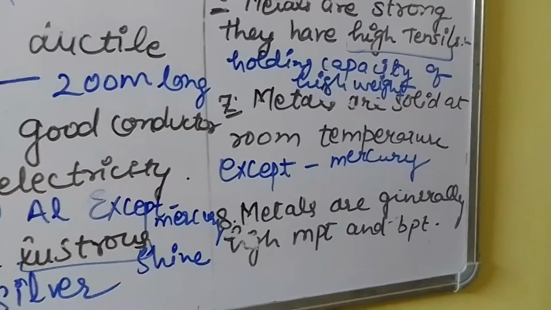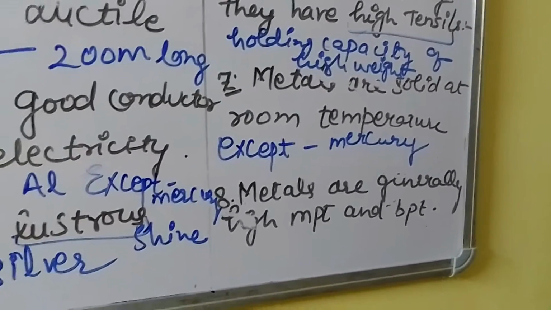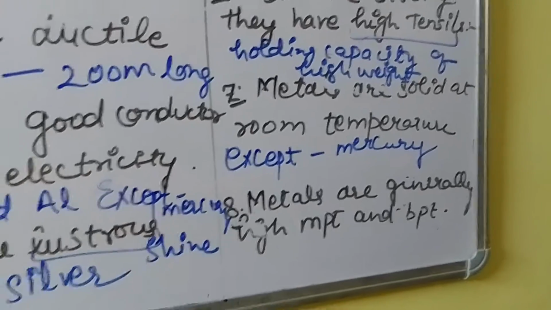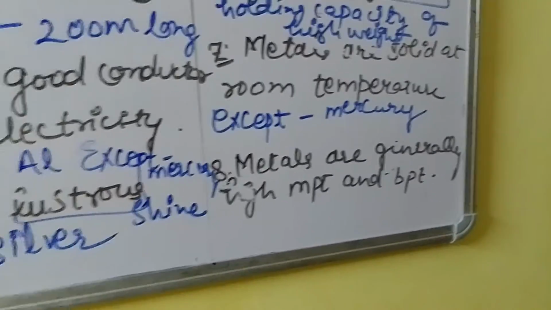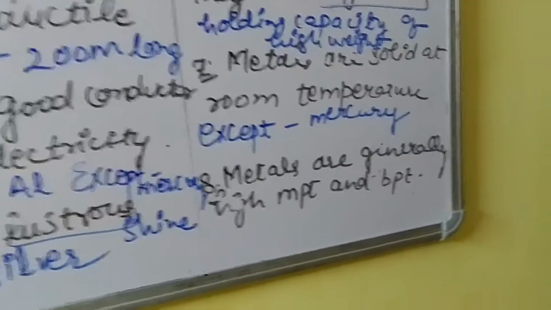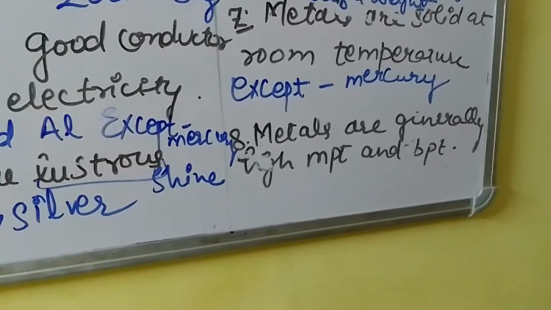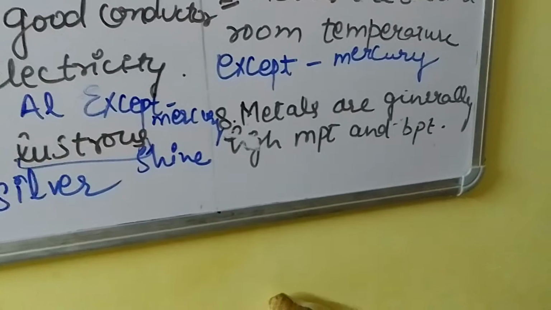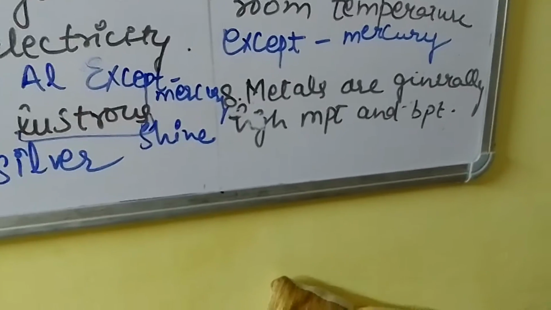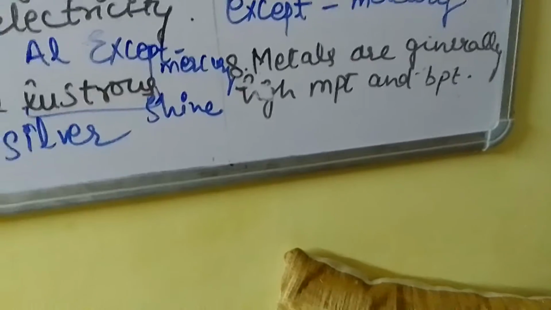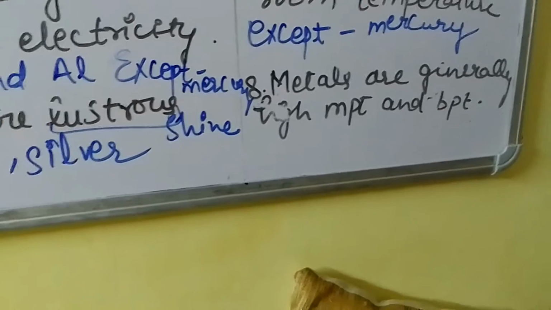Another property: metals generally have a high melting point and boiling point, right? Because they are solid, they need a high temperature to melt and boil. But there is also an exception, which is sodium and potassium.